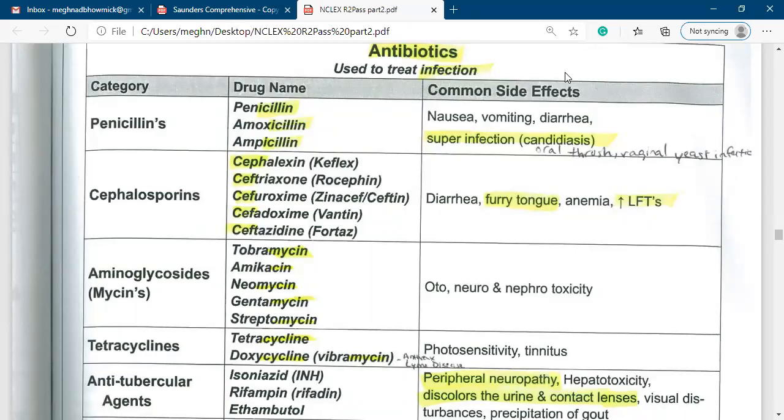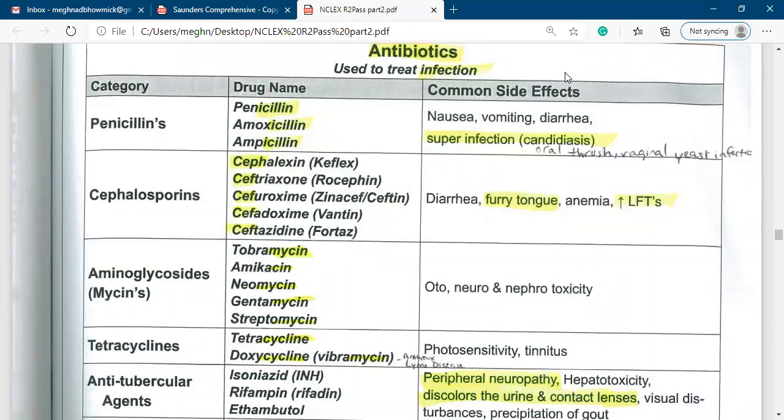There are times we use antibiotic, especially against bacterial infection. If anybody is attacked by a virus, we use antiviral medication, right? But what you should know, antibiotic is a medication used for treatment of infection. So used to treat infection, easy way.